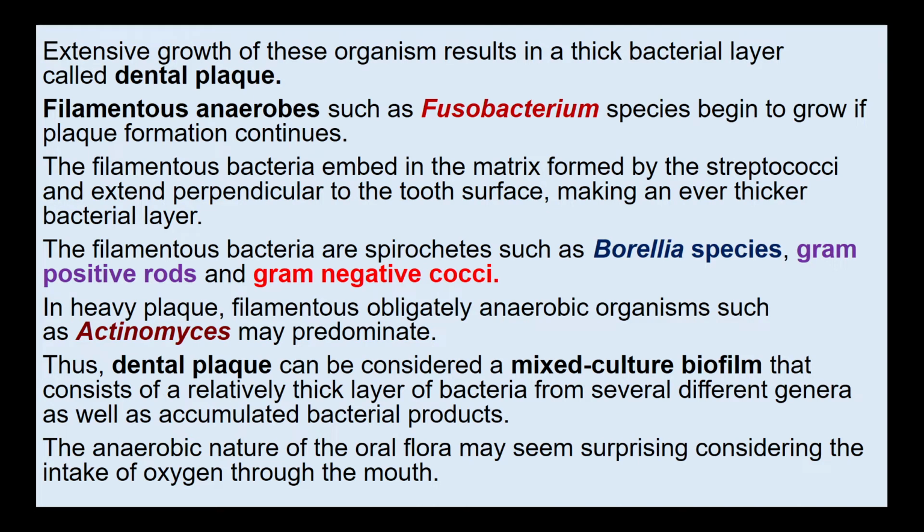Later there can be spirochetes such as Borrelia species, gram-positive rods and gram-negative cocci. These bacteria congregate with one another, and the formation of plaque can continue into heavy plaque when filamentous obligate anaerobic organisms such as actinomycetes are added.